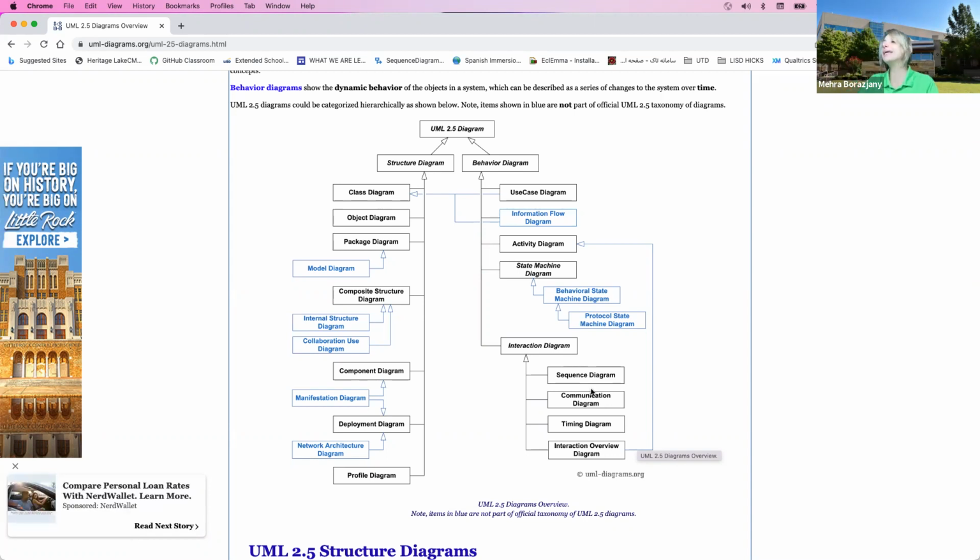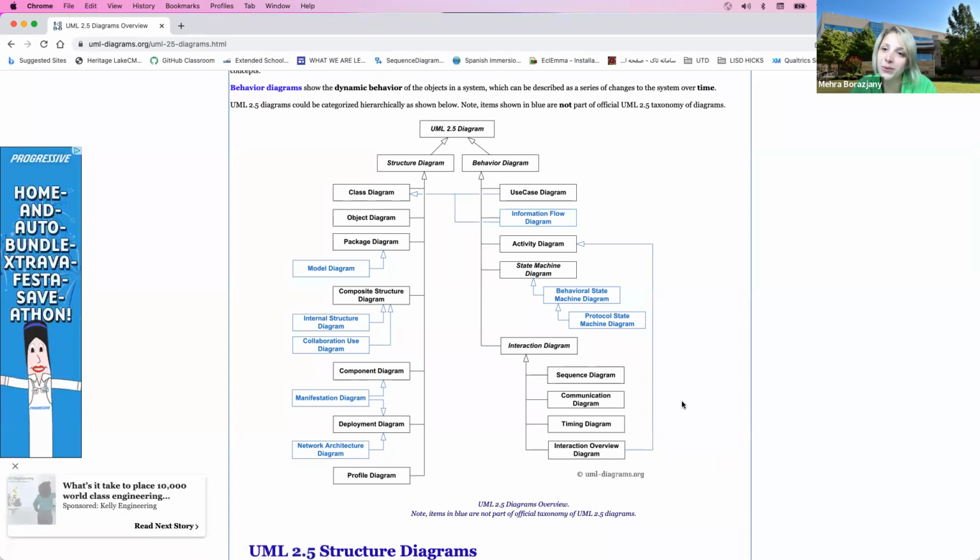So back again here, as I said, the sequence diagram is a type of interaction diagram, and an interaction diagram, you see the relation, is a behavioral diagram. And behavioral diagrams are part of the UML diagrams, right? So indirectly, sequence diagrams are also UML diagrams and behavioral diagrams.